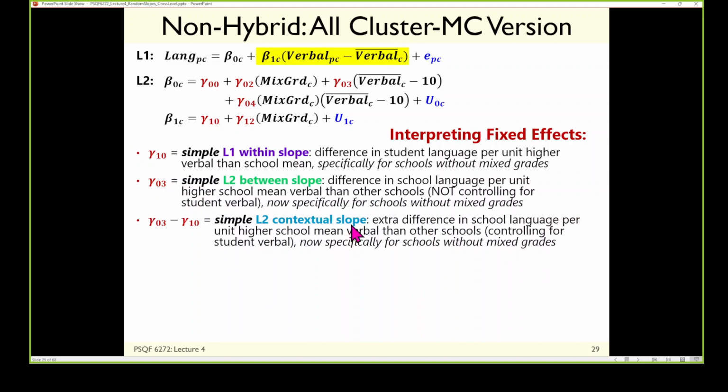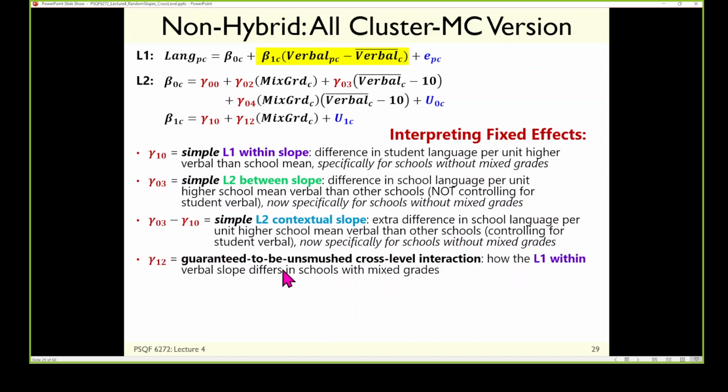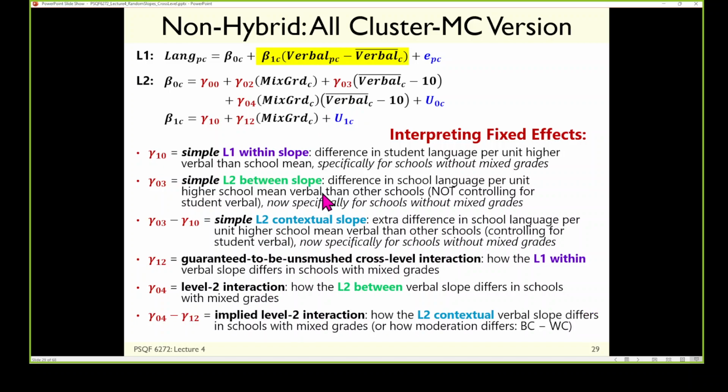You can get contextual as the difference. The cross-level interaction is unsmushed regardless of whether you have the level 2 counterpart, because it's involving only the within variance of the level 1 predictor. So you don't have to worry about that. The level 2 interaction talks about how the between effect differs, and you can get to the implied contextual interaction as the difference.